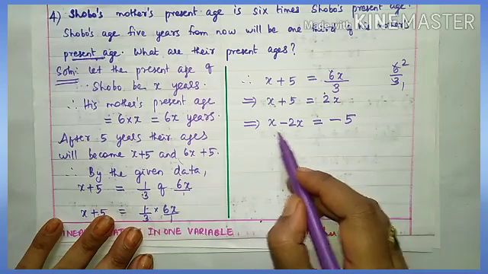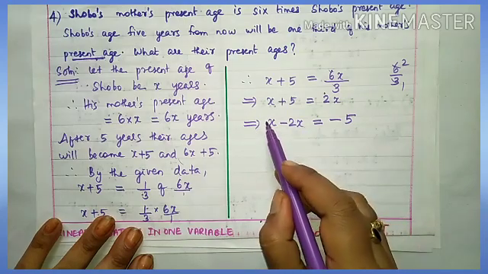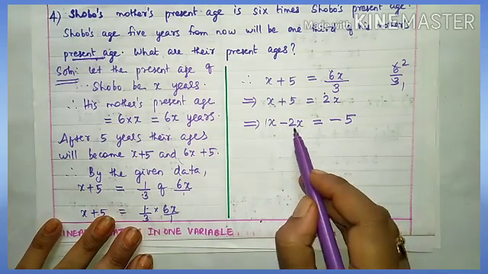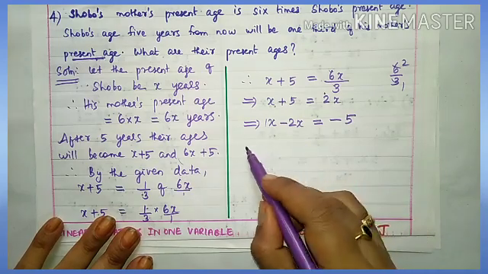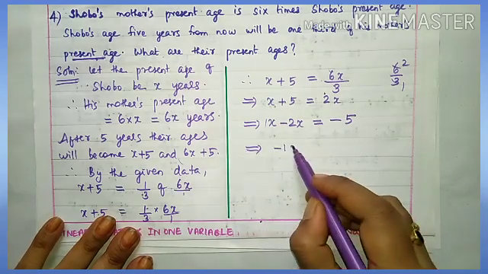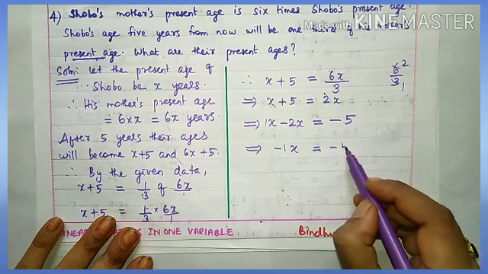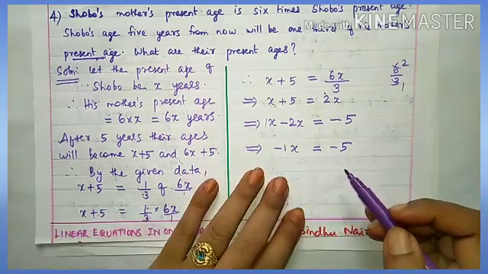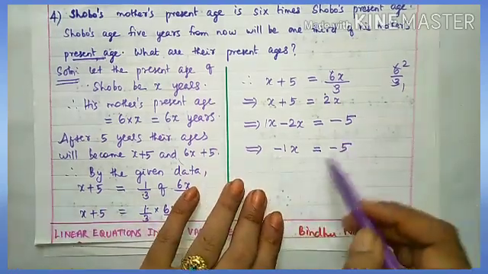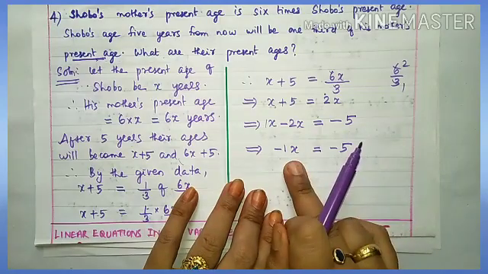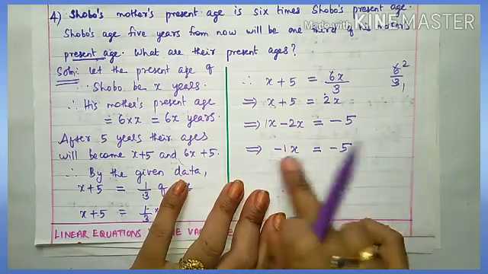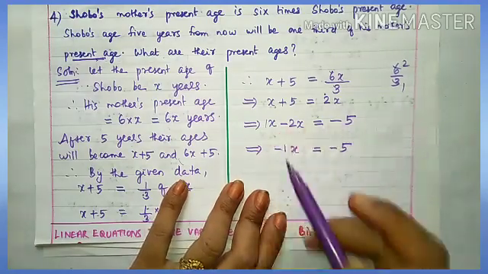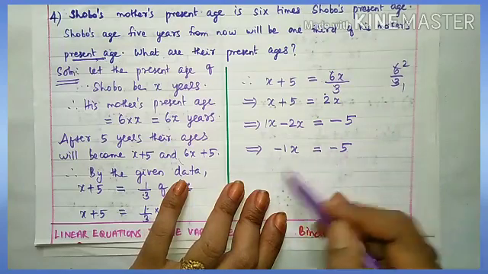Now what is this simplification? x minus 2x. x means 1x. So 1 minus 2 is, yes, minus 1. So we get minus 1x equal to minus 5. Here also you see, you can cancel the minus on both sides, because here also one term, here also one term. So likewise if it is coming, we can just cancel the minus on both sides.